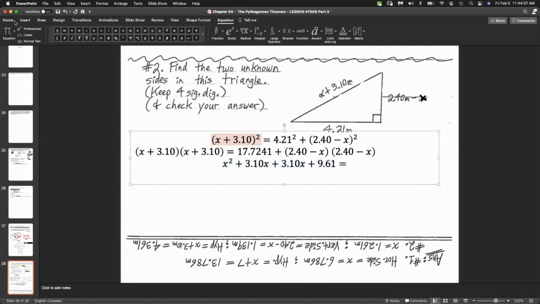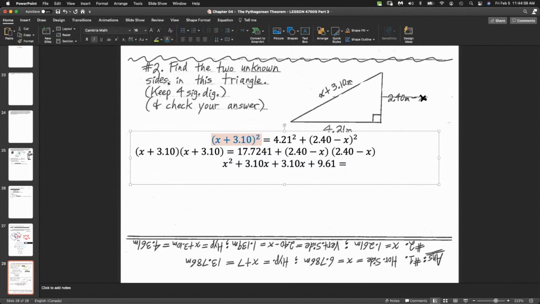What I might do is use some color, like a blue, to decorate it a little bit better, just so you can keep track of which side is which. I know there's an equal sign, but that helps visually. And now we're going to do this brackets binomial expansion. So 2.40 minus x times that again.